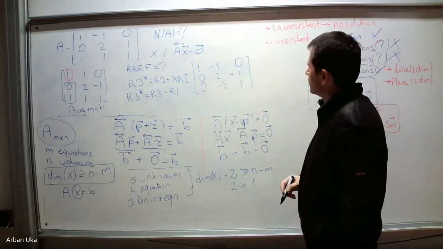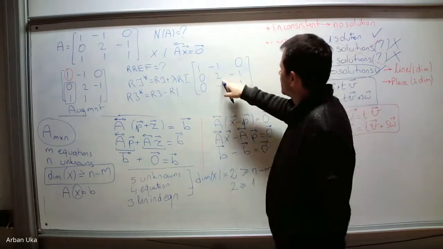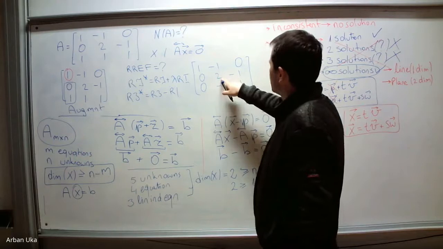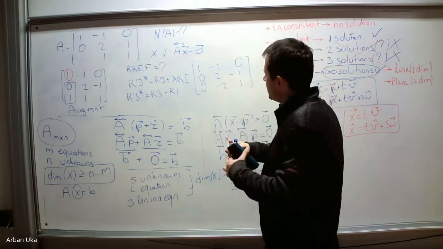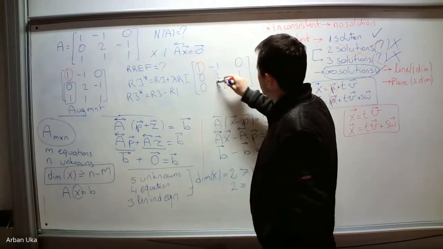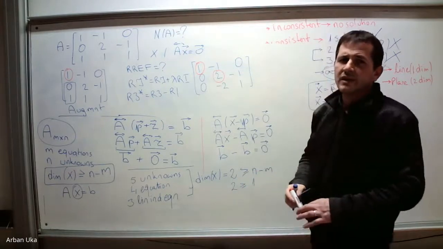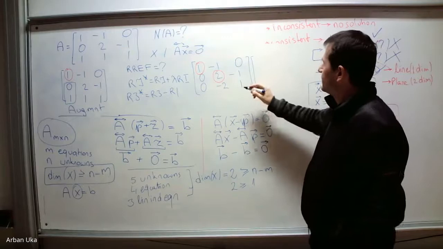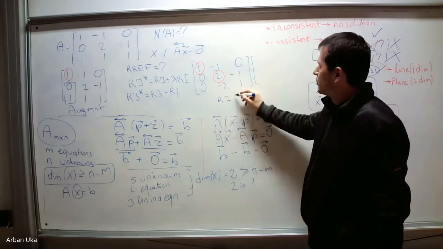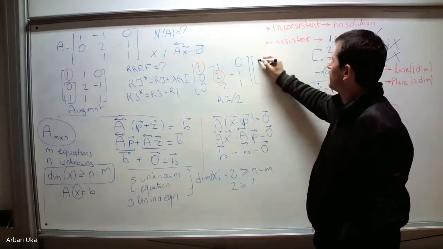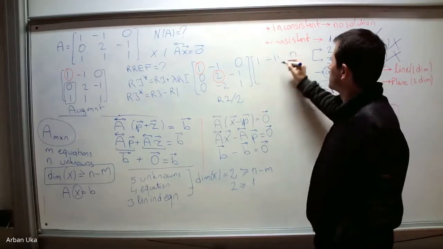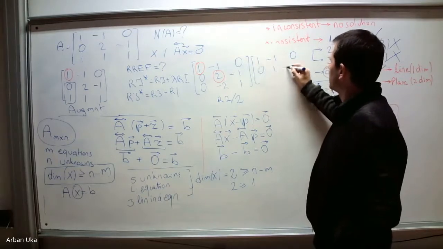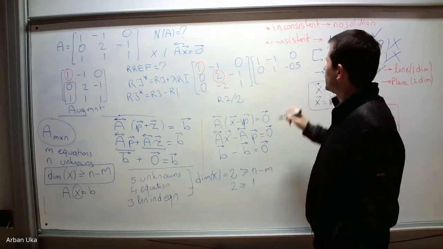How can we proceed now? We can divide this number by 2, because we need the leading term to be equal to 1. So we do row 2 divided by 2: 1 minus 1, 0, 0, 1, 0.5.